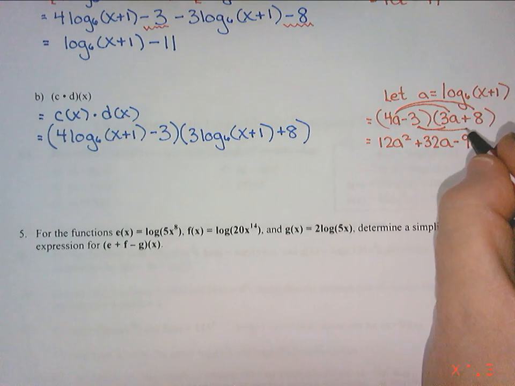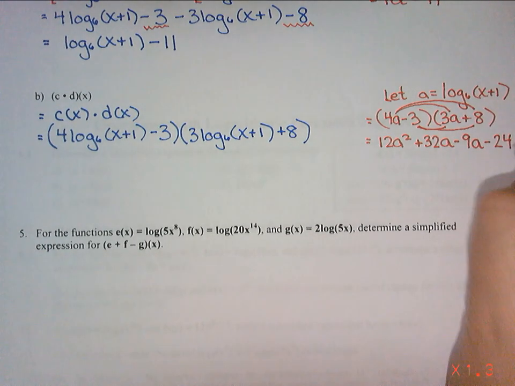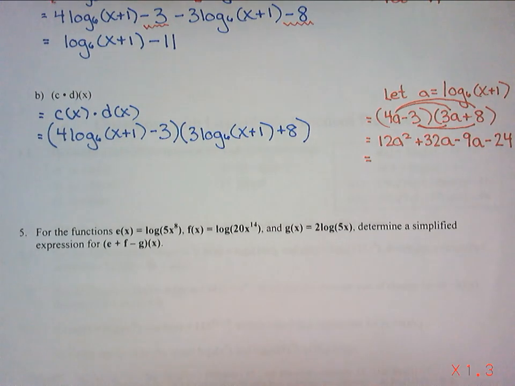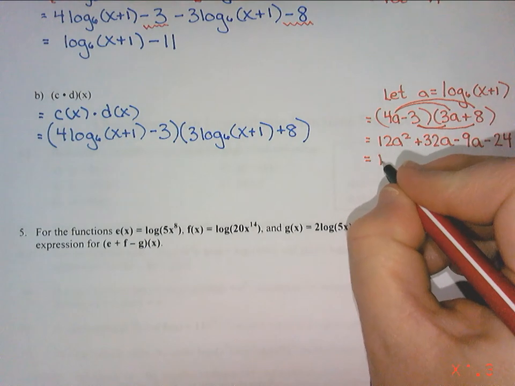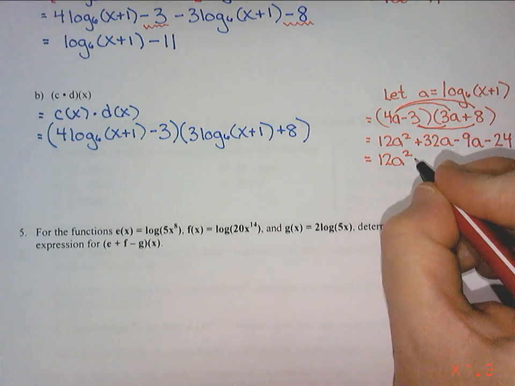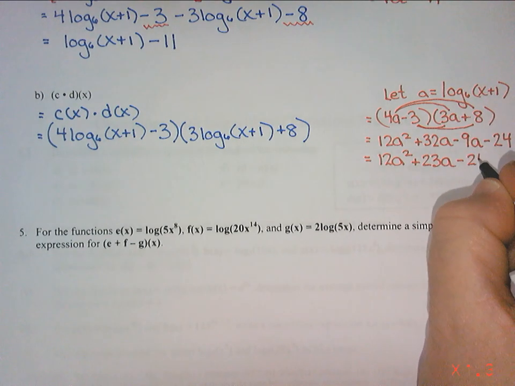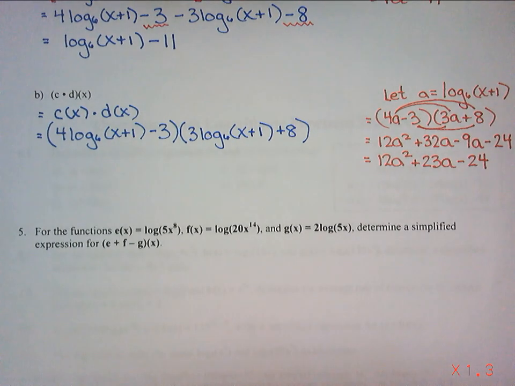And then negative 3 times positive 8 is negative 24. All right, if I collect up my like terms, I have 12A squared. I have 32A take away 9A. Those are like terms. So I get 23A and then minus 24. Right?